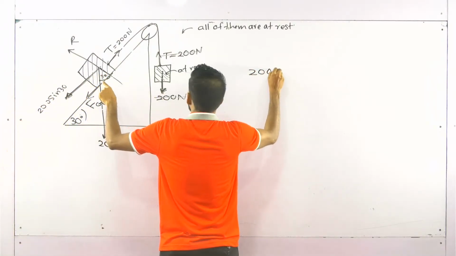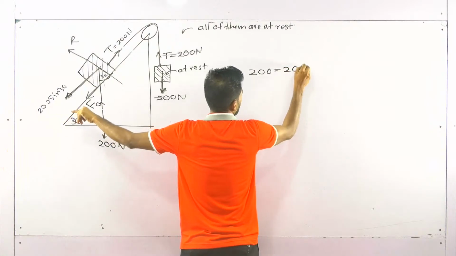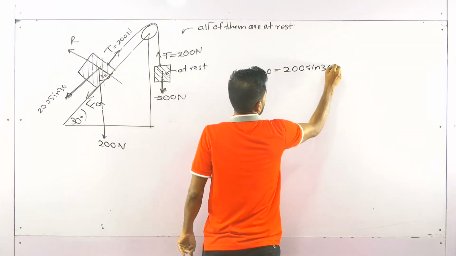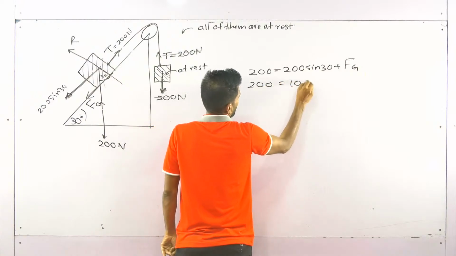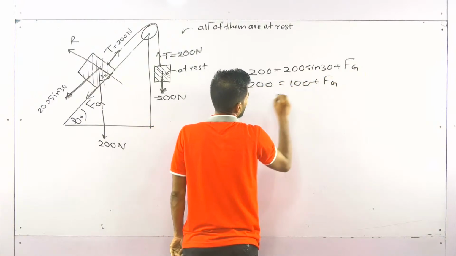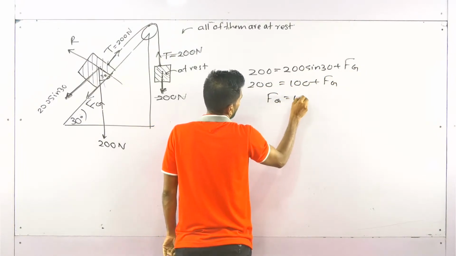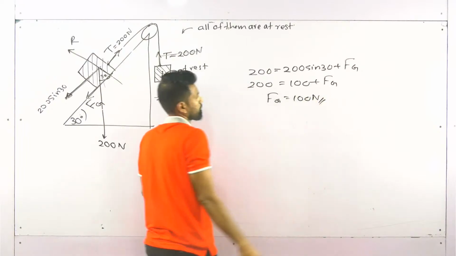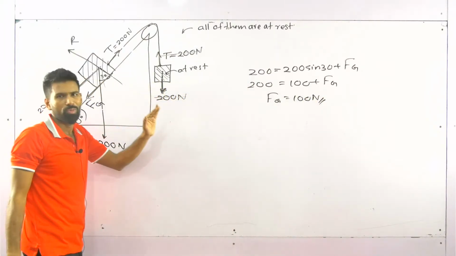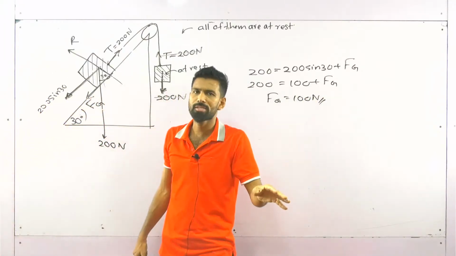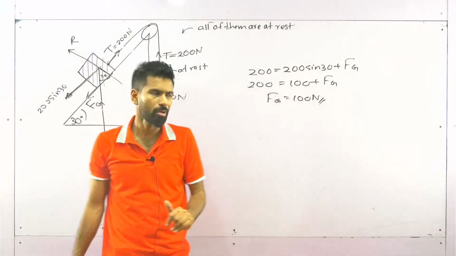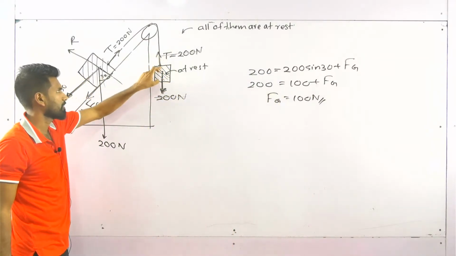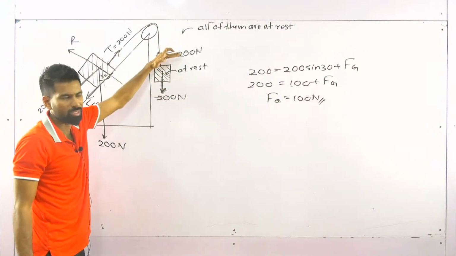200 is equal to, on the other side, 200 sine 30 plus friction. 200 is equal to 100 plus friction. For this, friction should have a value of 100 newtons. When one object is at rest in a system like this, the other one is also at rest. Why? Both of them are tied by a string. If this is at rest, the tension will be 200 to cancel out this weight.